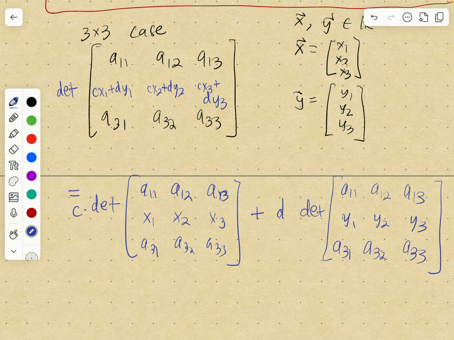So that's what this is saying in the case of a 3 by 3 matrix when you use row 2. Okay? But the theorem, the linearity in each row, says that it doesn't matter which row you take. If you do this, you get the similar result.